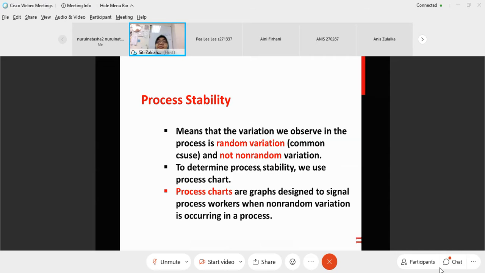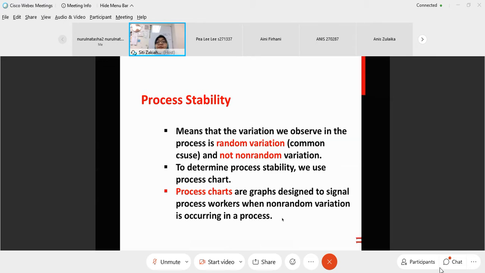Right? Means that the variation you observe in the process, kita akan tengok random and non-random. Tapi kita nak decide whether the process is stable. Right? Process charts are graphs designed to show process workers when non-random variation is occurring in the process. So kita tengok kenapa tiba-tiba dia punya variasi jadi jauh ke atau tidak dalam mean, dia keluar kepada average.